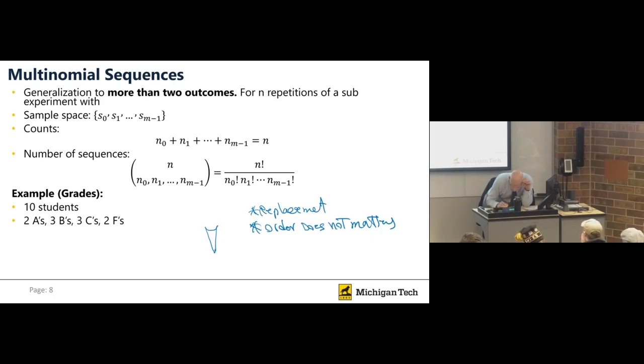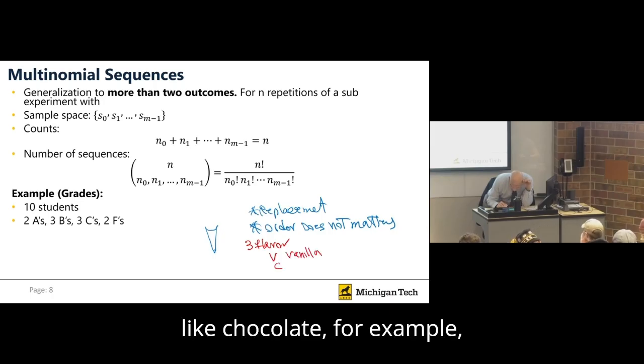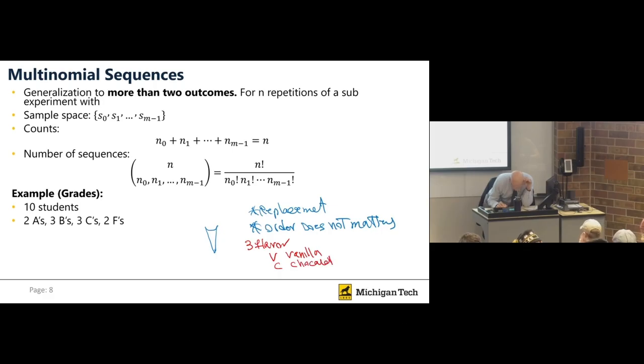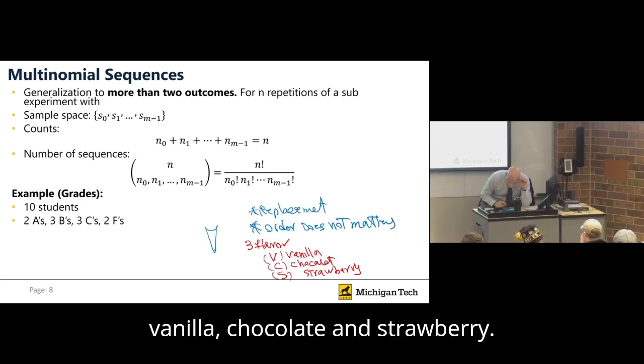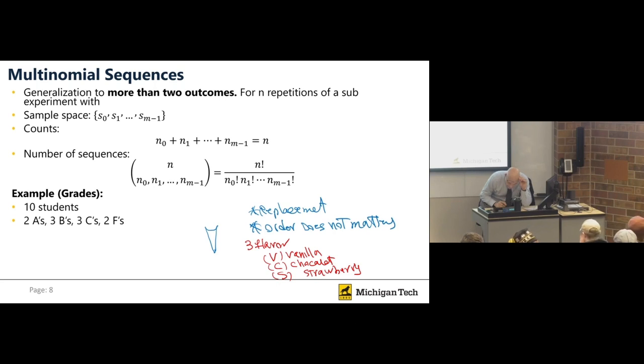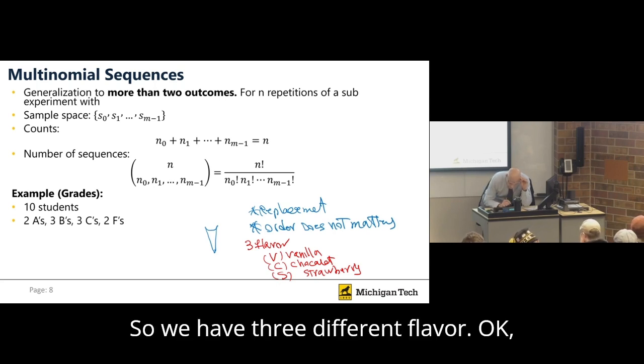This is a good example. 3 flavors: like vanilla, like chocolate, for example, and strawberry. Okay, so we have 3 flavors: vanilla, chocolate, and strawberry. So we have 3 different flavors, okay?